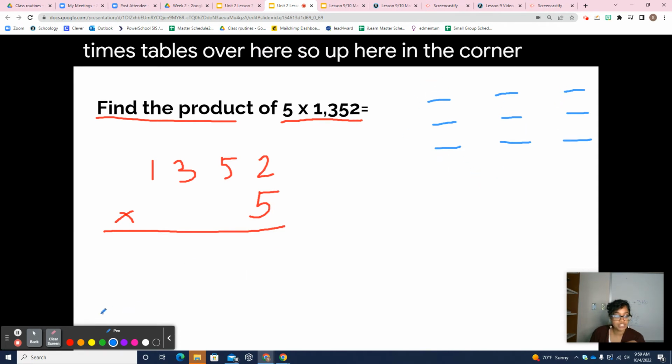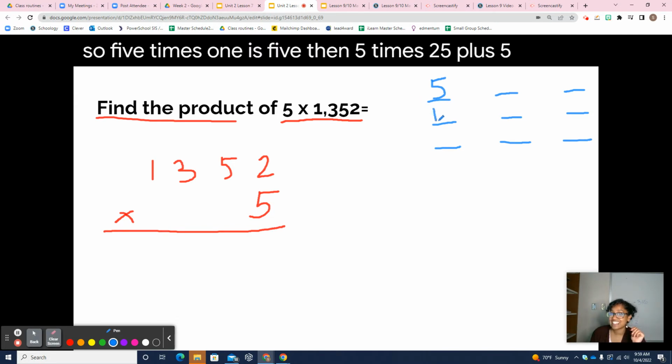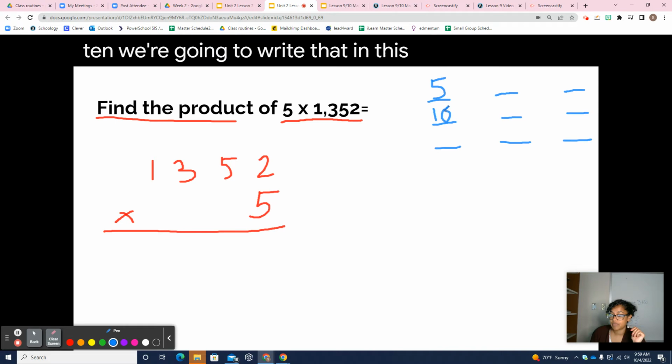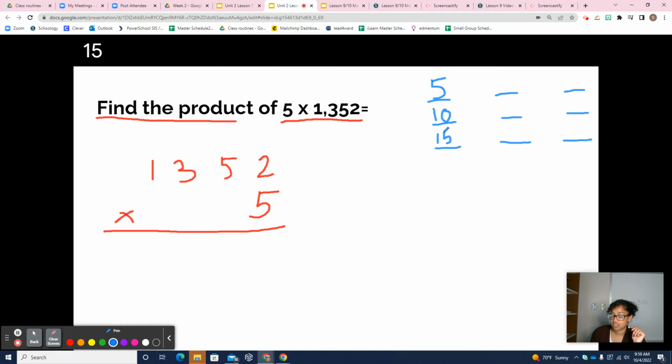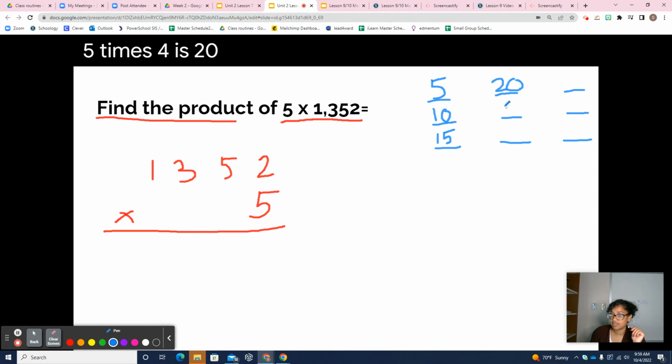Up here in the corner, I'm going to do 5 times 1. So 5 times 1 is 5. Then 5 times 2, 5 plus 5 is 10. We're going to write that in this corner. 5 times 3 is 15. 5 times 4 is 20.